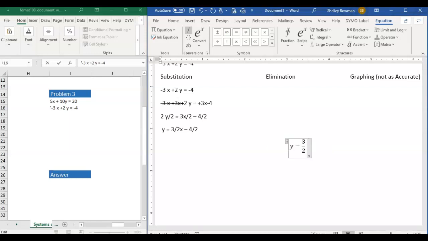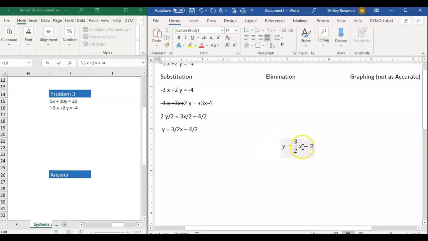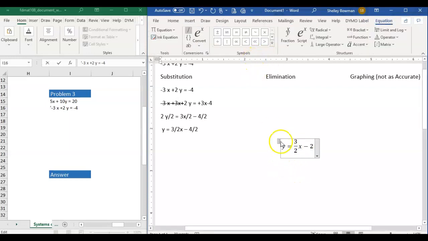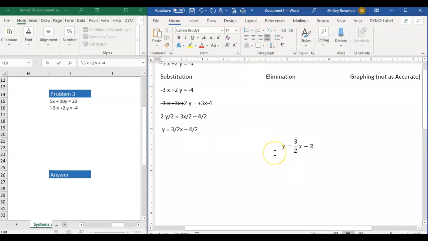Pressing the space bar will make it look nice, and then do the x on the outside so that you can see that this x isn't on the denominator, but it's actually in the numerator or out to the side. Either way is the exact same. And then negative 4 divided by 2, I get minus 2. All right, so I'm going to bring this over here. There we go. And then that looks good.